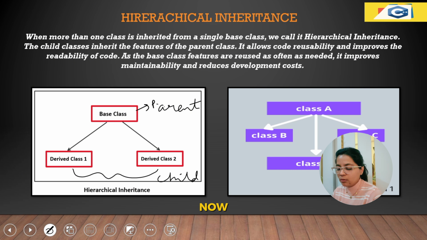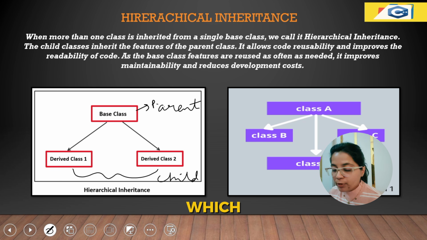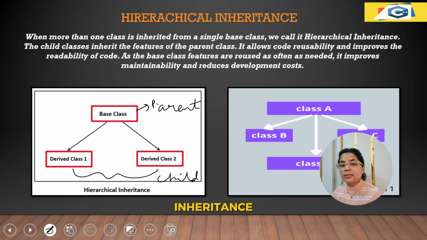Okay, now this hierarchical inheritance is exactly the opposite of multiple inheritance which we saw in the last video. So hierarchical inheritance is nothing but only one parent class and multiple derived classes, that is, multiple child classes.